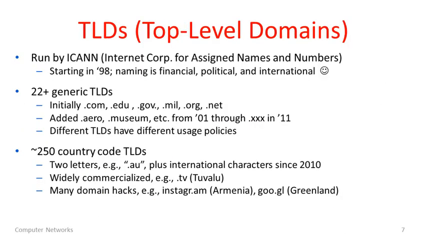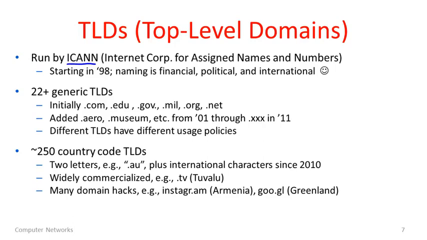Well, so let's talk about the namespace a little more. So I'll just tell you about some of the top level domains. That's sort of where a lot of the action is in terms of some of the interesting news articles you'd read. Now, this tree, the domain namespace, is administered by a body called ICANN, the Internet Corporation for Assigned Names and Numbers. ICANN was formed in about 1998. And it really came into existence as the internet grew because there was a lot of attention around matters such as naming.